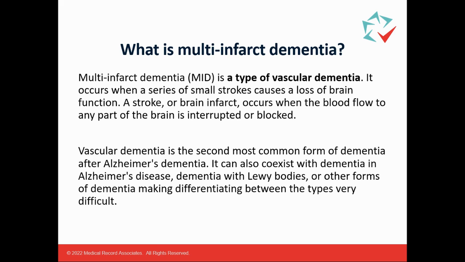A stroke or infarct occurs when the blood flow to any part of the brain is interrupted or blocked. Vascular or multi-infarct dementia is the second most common form of dementia after Alzheimer's. It can be coexistent with dementia in Alzheimer's disease, dementia with Lewy bodies, or other forms of dementia, making differentiating between the types very difficult.